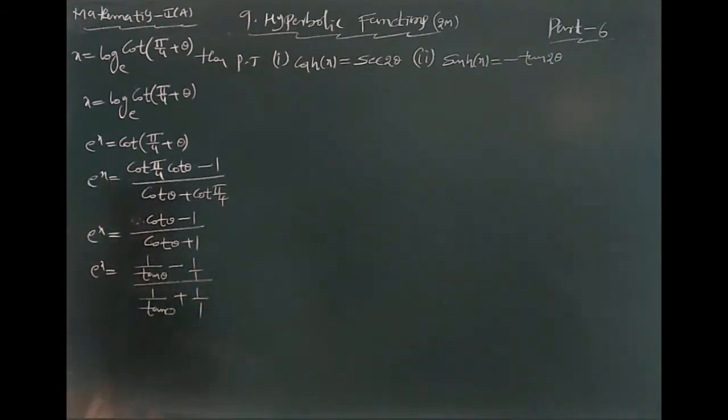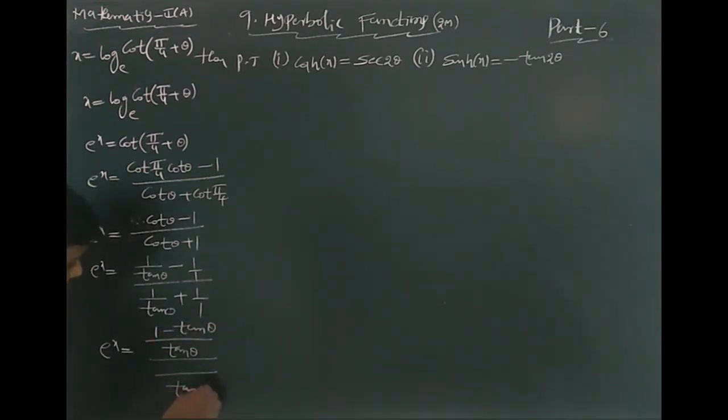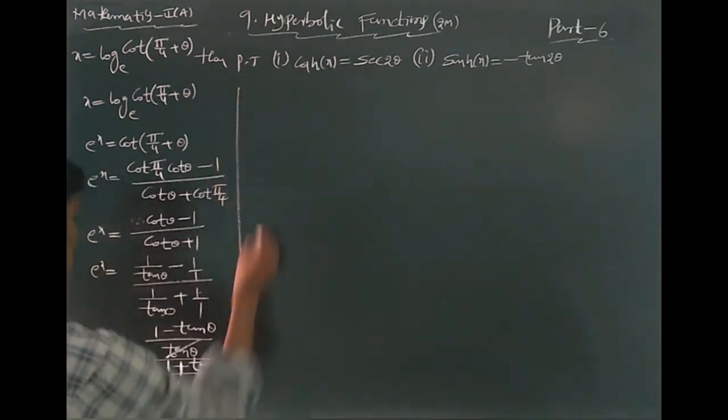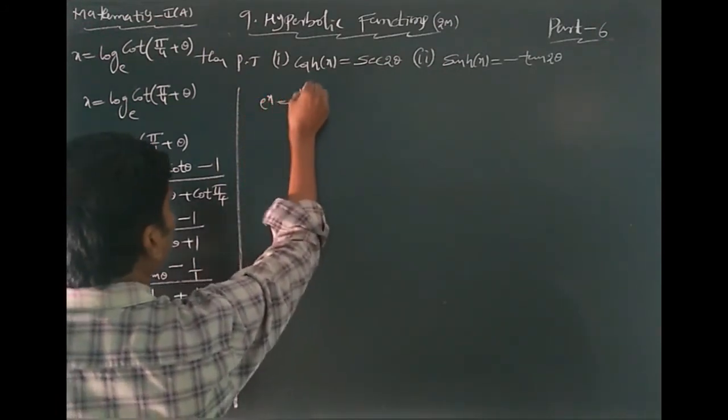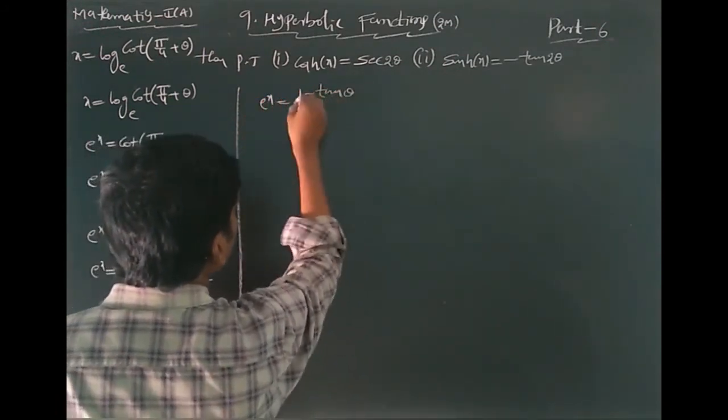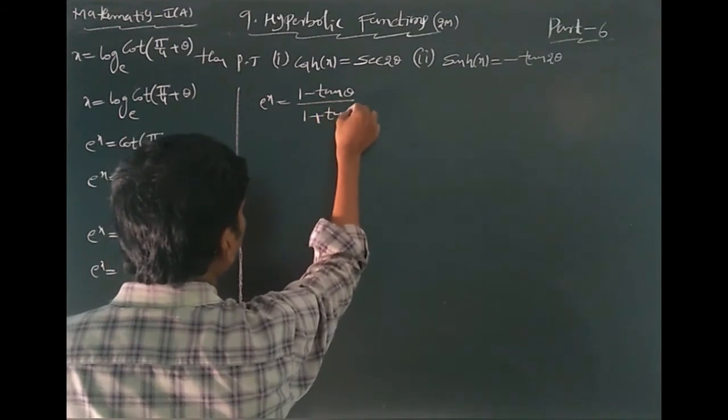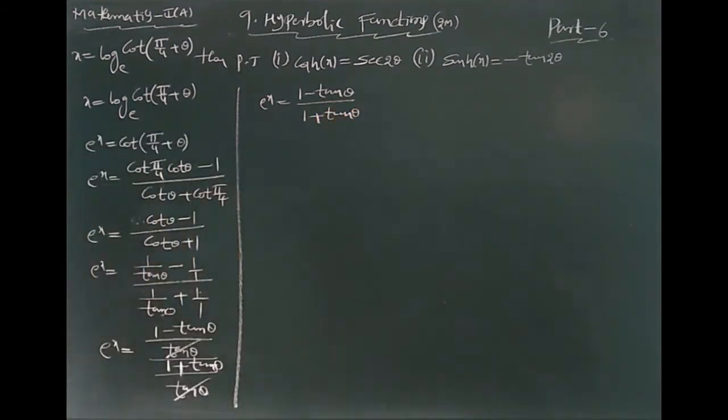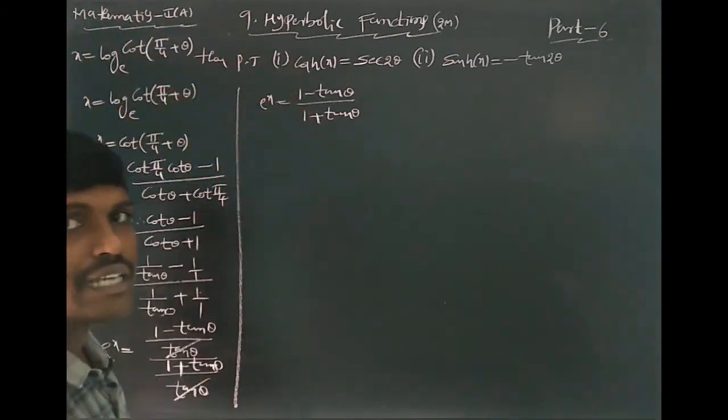We have to take the LCM. The LCM of the numerator is tan theta, you get 1 minus tan theta, whole by the denominator, whose LCM is also tan theta, you get 1 plus tan theta. Here tan theta gets cancelled. You get e power x value as 1 minus tan theta by 1 plus tan theta. This is the value of e power x.